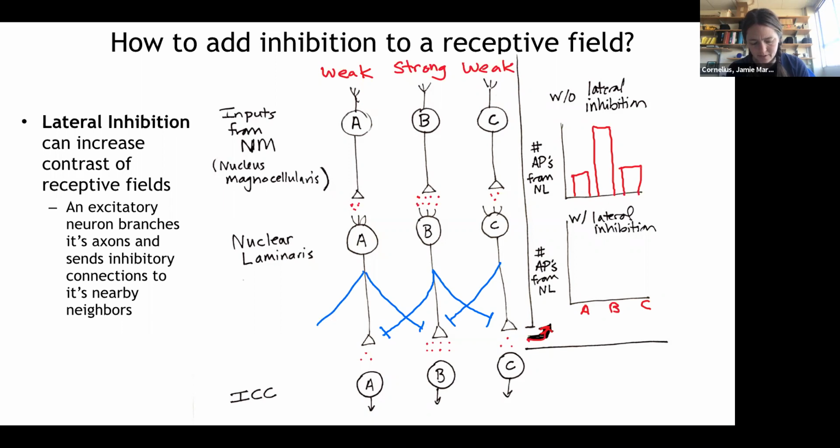So you can imagine that they have their excitatory axon, but now the axon is going to branch and also send an action potential to an inhibitory synapse. I've drawn this straight line here to represent that this synapse releases GABA instead of glutamate. Excitatory synapses release glutamate.